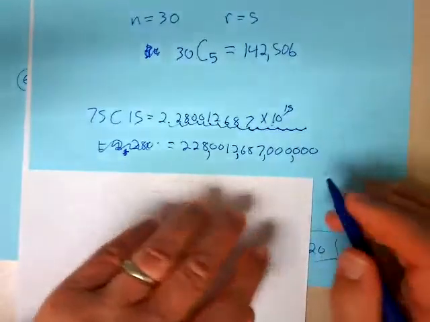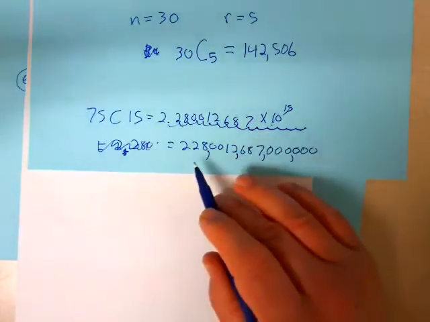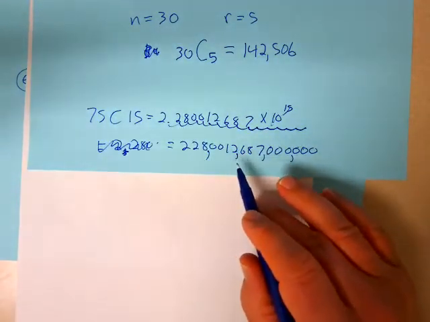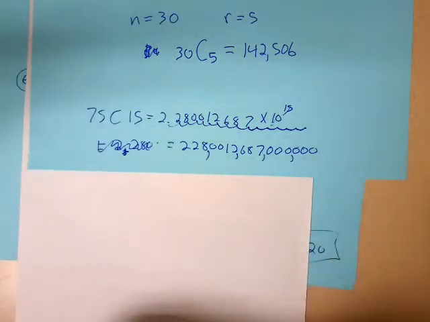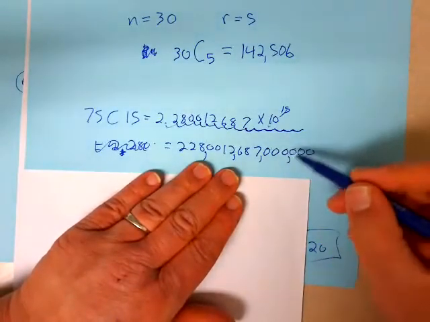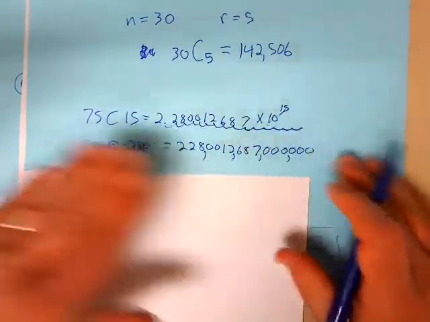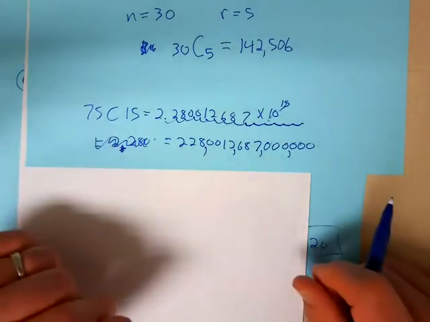It would look like that. So 100,000, million, billions, trillion. So 228 trillion, 12 billion, 687 million ways to do it. And this actually lost some accuracy, so there was probably some more in here, but it couldn't fit it on the calculator screen. But that's only 75 choose 15.